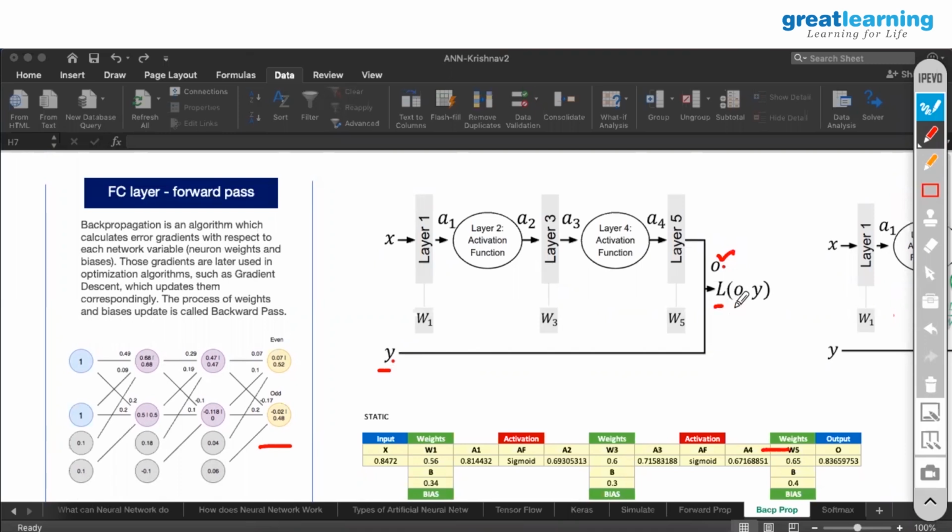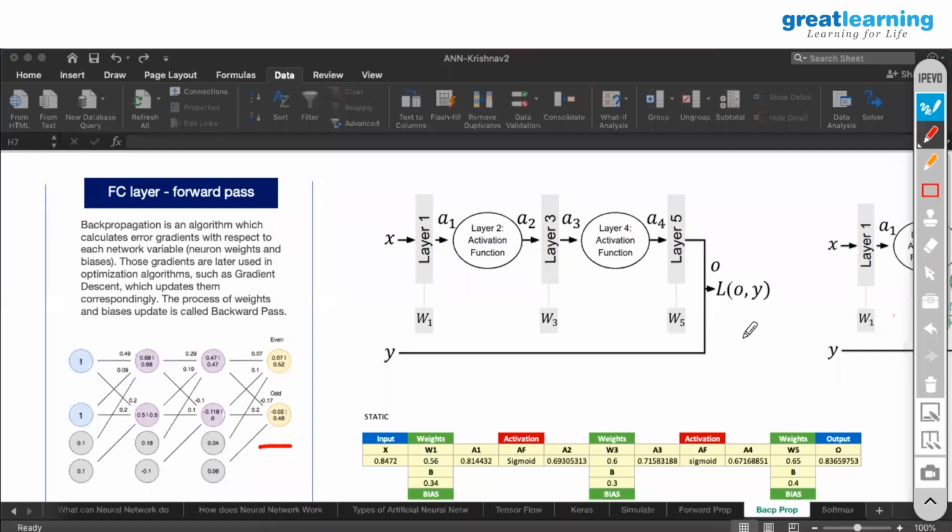If I have a function which will take care of O versus Y, I will define this L as my loss function. For my back propagation, only the highlighted part in red is in scope. That means we need to alter one of them, or all of them, or a combination of them, in such a way that my loss function is decreased. All right, now which mathematical function helps us do that?